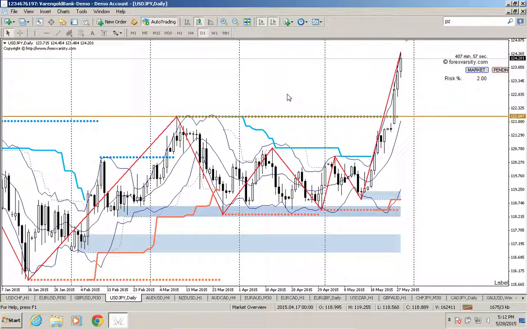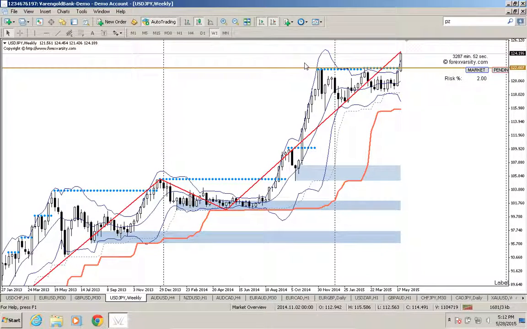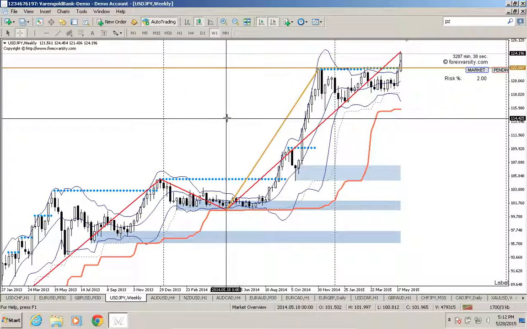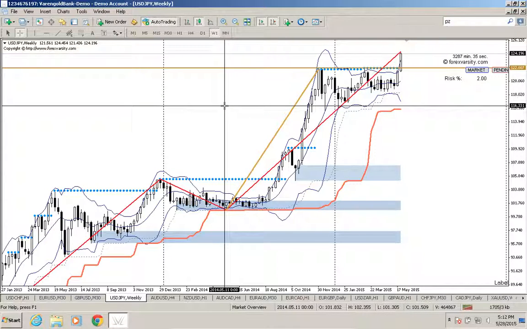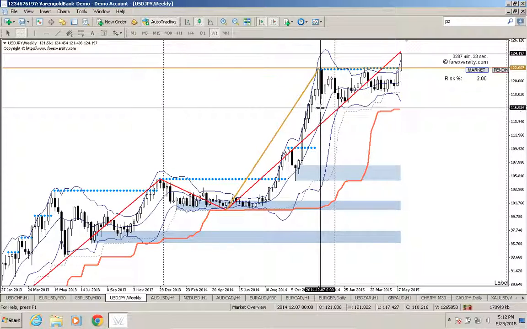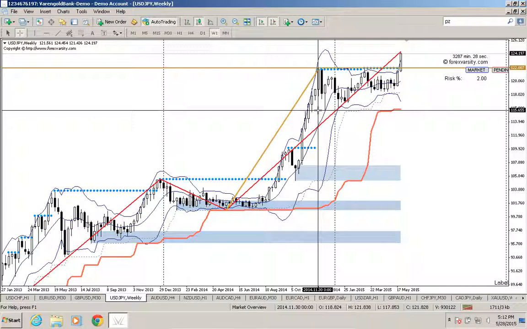So just keep that in mind. And this is the strategy I used, because on a weekly chart, the zigzag went from, let me get you the exact dates, it went from the low on the 18th of May 2014 to the high of 2014 11:30.